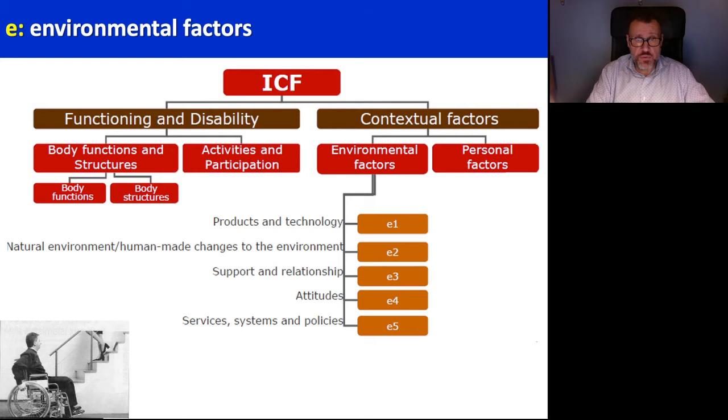Within the ICF, we have 5 first level categories, 5 chapters, which are indicated by the letter E, which stands for environmental factors, going from 1 to 5: E1, products and technology; E2, natural environment and human-made changes to the environment; E3, support and relationships; E4, attitudes; and E5, services, systems, and policies.